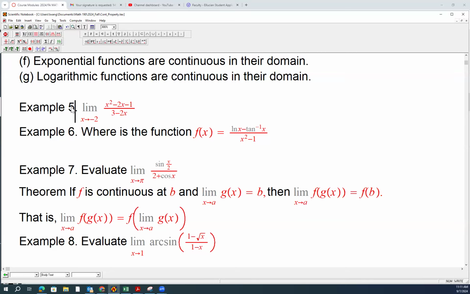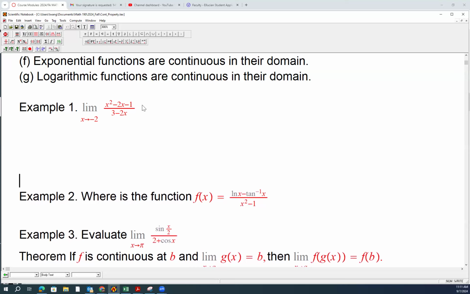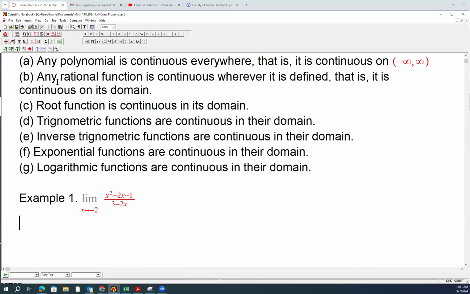So let's look at this example. Let's call it example number 1, just for this particular lesson, so we'll remember it. We're interested in this rational function's limit when x approaches -2. According to the property that a rational function is continuous everywhere in its domain, the question is: is -2 in the domain?